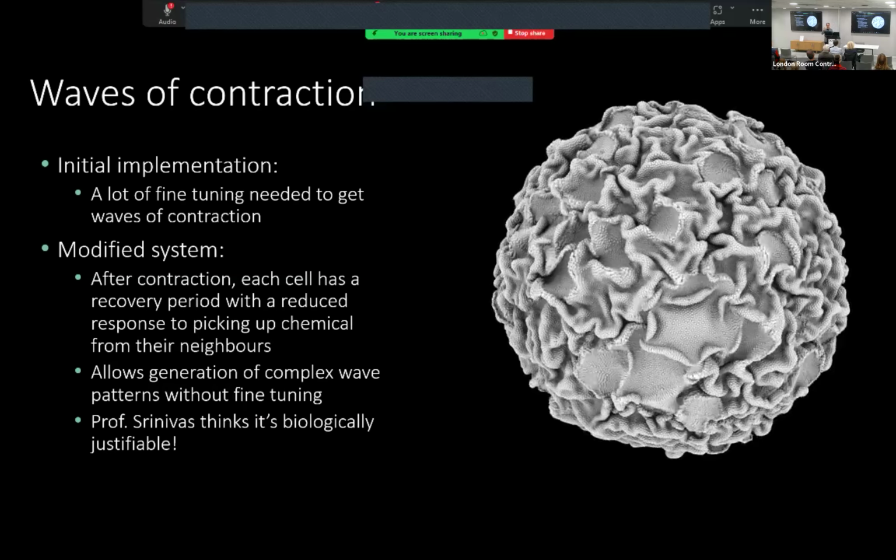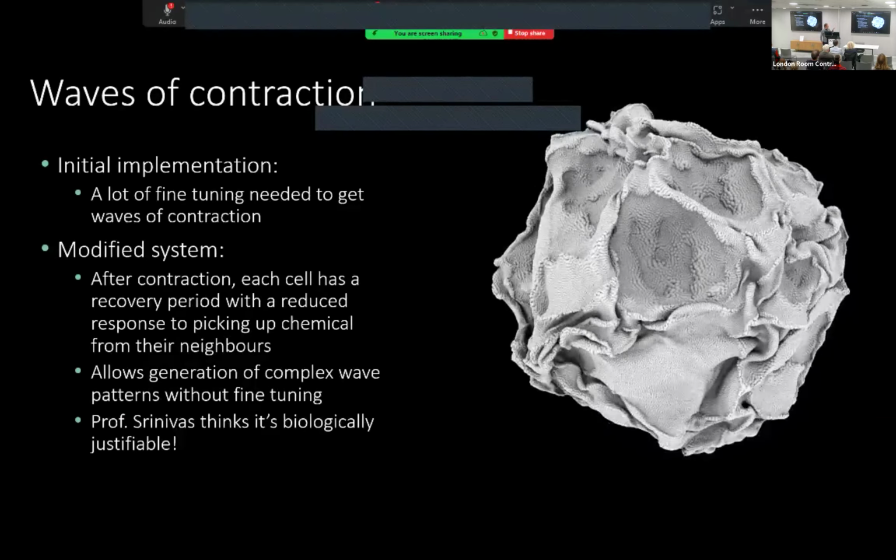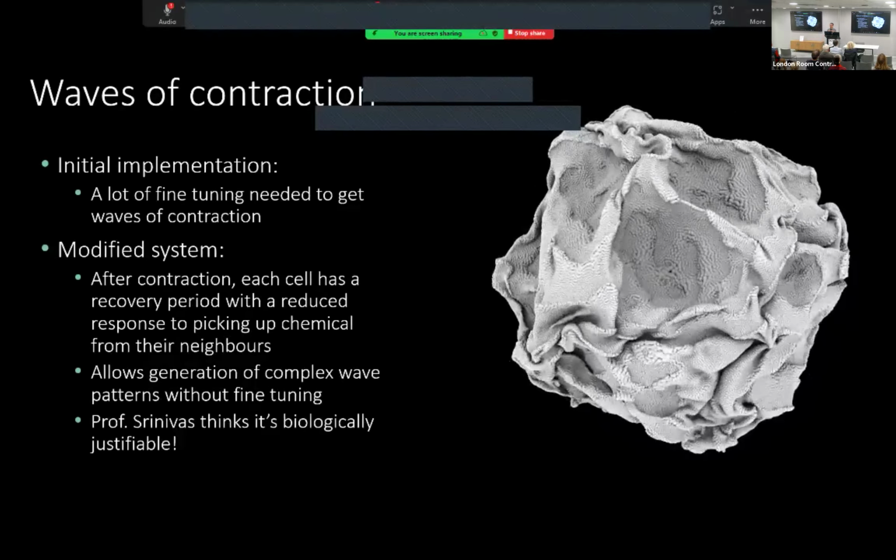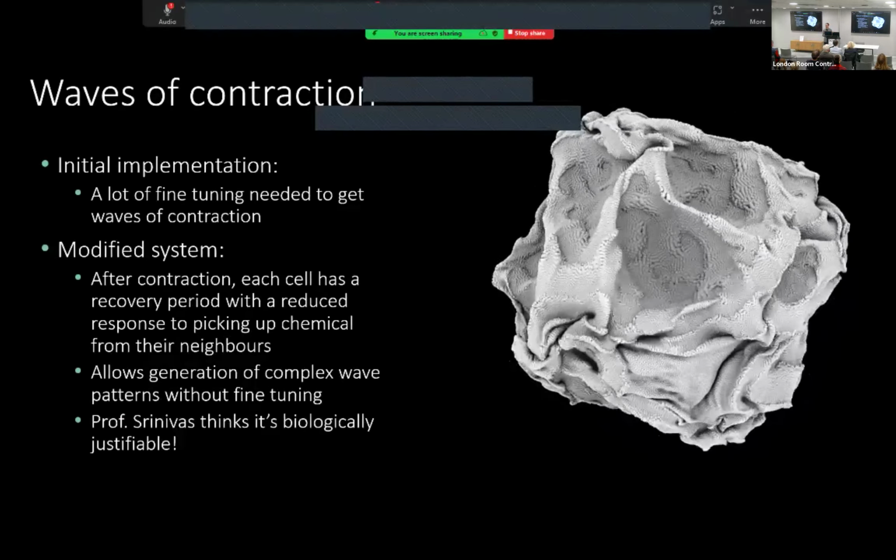There's a time when it becomes unresponsive to the potential from its neighbours. Only as it relaxes back to its original size, based on its contraction level, does it start to be influenced by its neighbours again. It works brilliantly, so we fine tuned like that to get wave patterns of activity.